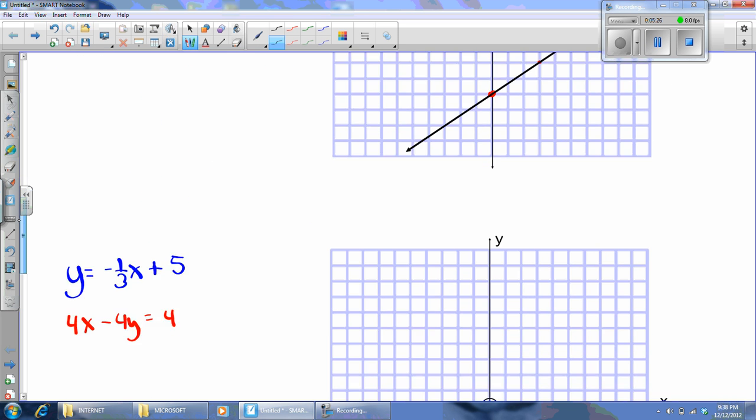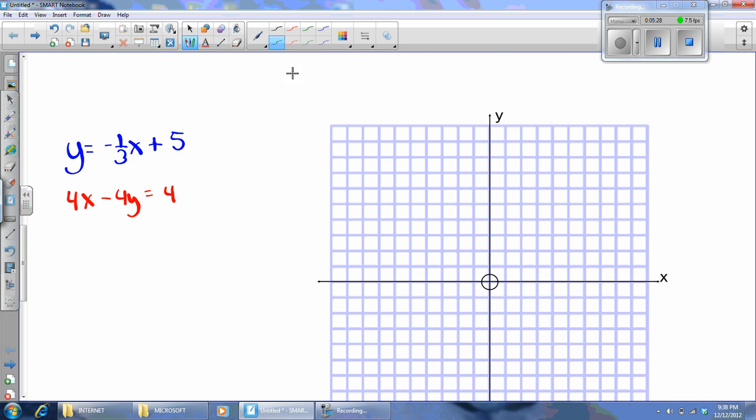Now, graphing isn't always a good idea because when I have a situation like this, I got a y-intercept of 5, 1, 2, 3, 4, 5, and a slope of negative 1/3. Okay, and so I'm going to graph a line.